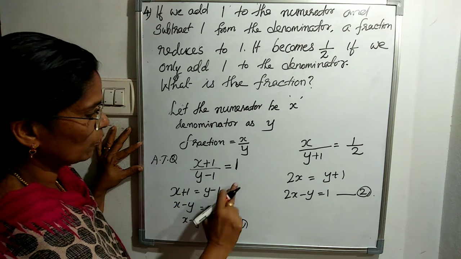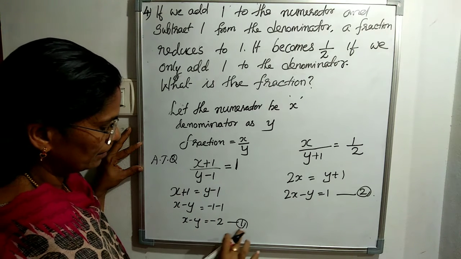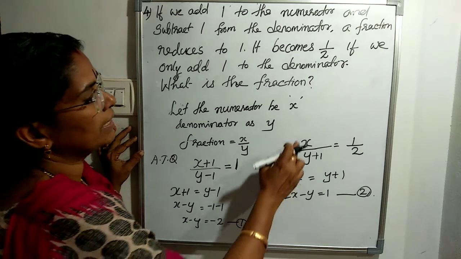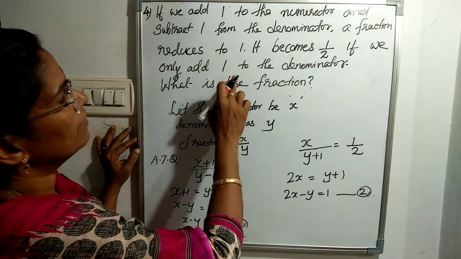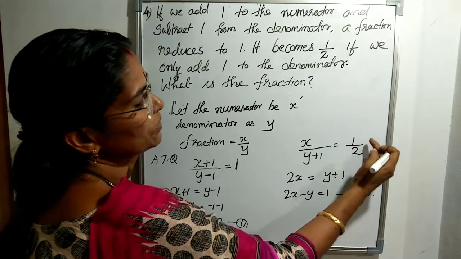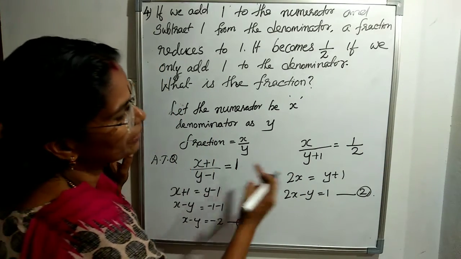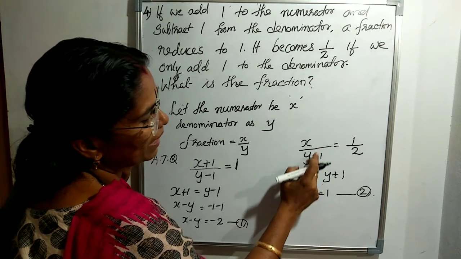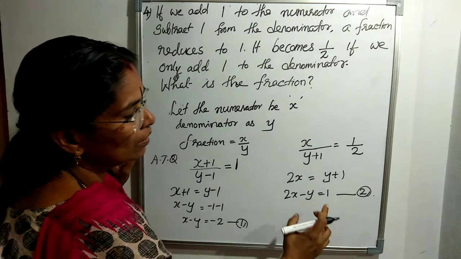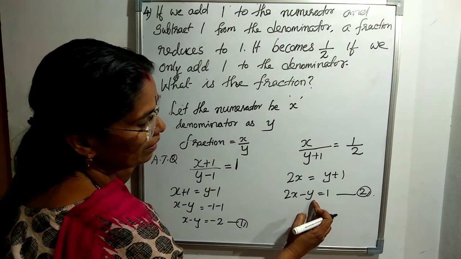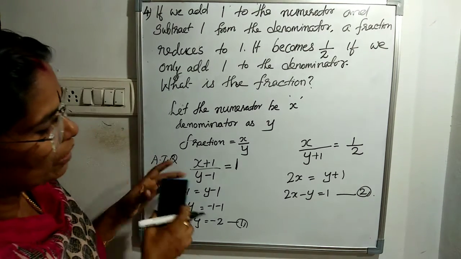Cross multiplying, x minus y equal to minus 2. In the second part, the fraction is 1 by 2 if we only add 1 to the denominator, so x by y plus 1 equal to 1 by 2. After solving, we get 2x minus y equal to 1.